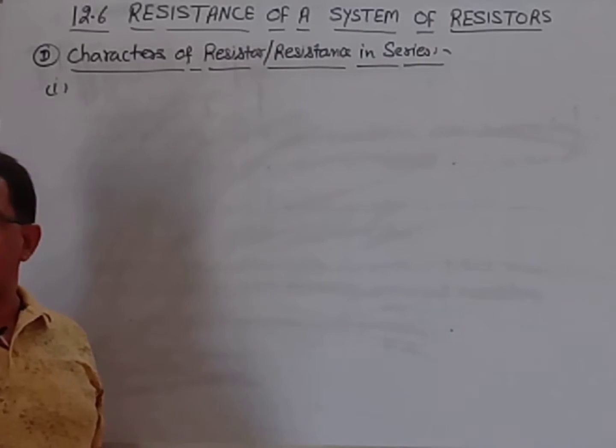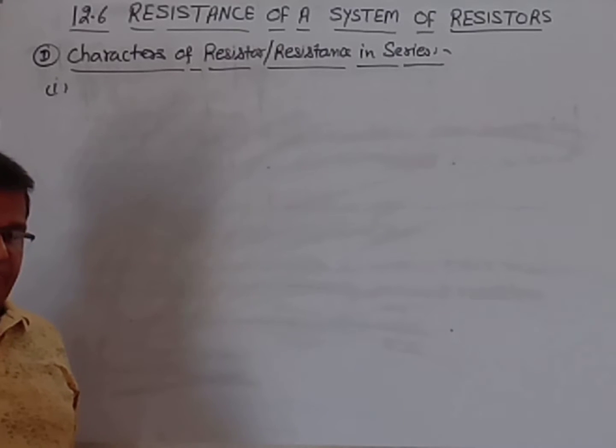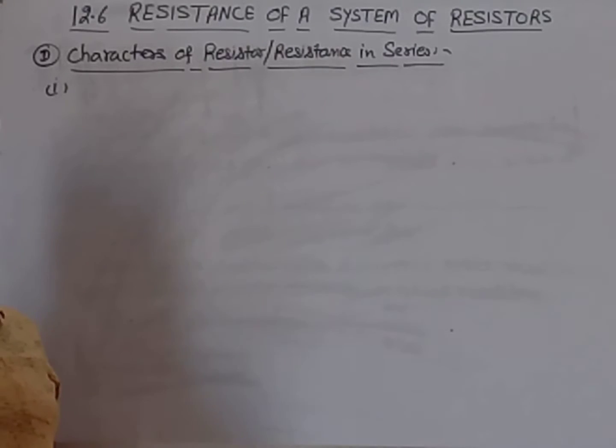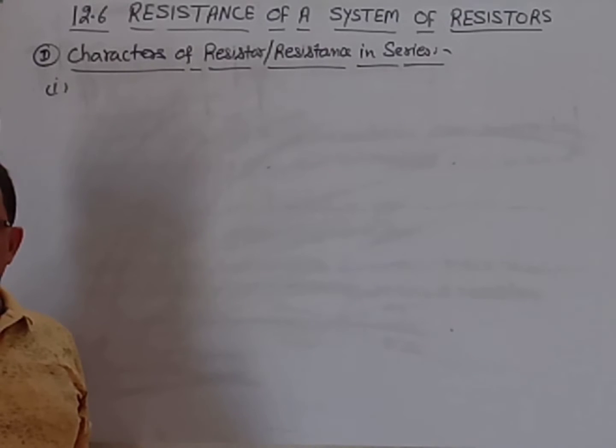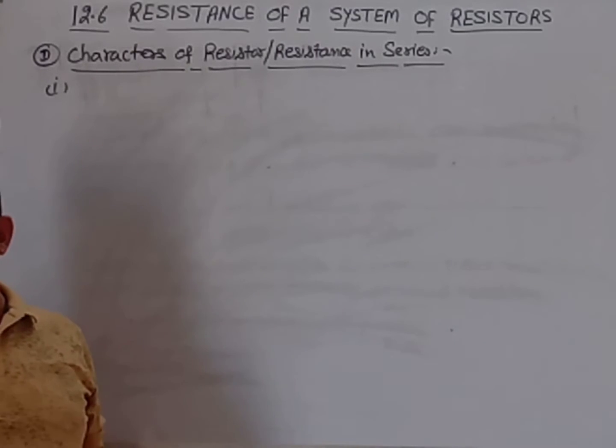When resistors are connected in series, then there is only one path for the flow of current. Therefore, the same current passes through all resistors and also through the whole circuit.